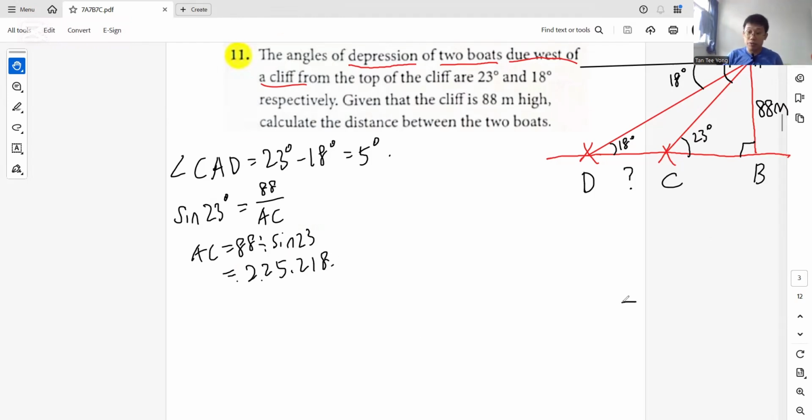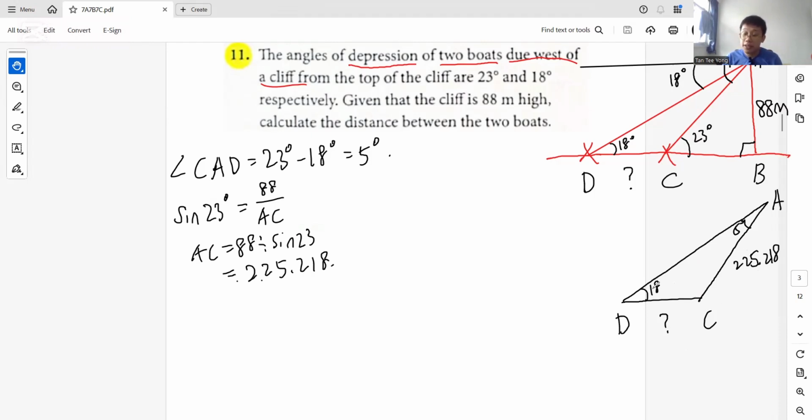So maybe let's redraw it. So like this. This is A, this is D and this is C. So this is 18 degrees, and this is 5 degrees. Then we have AC, which is 225.218. Then we want to find this.